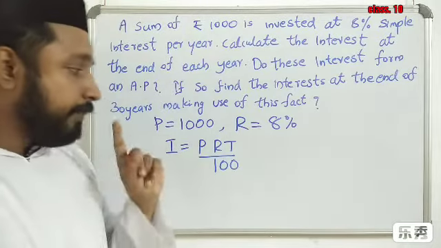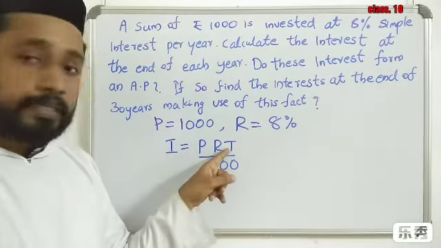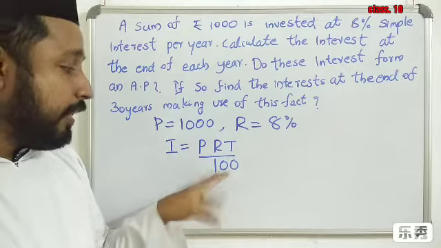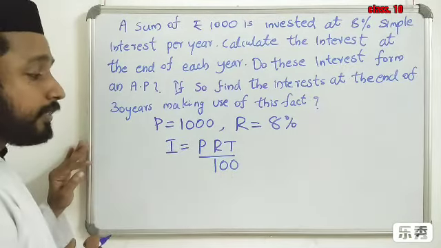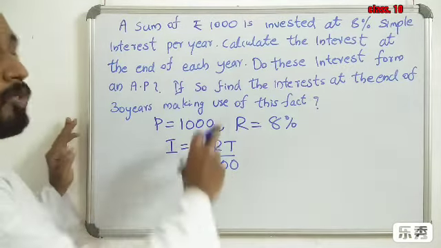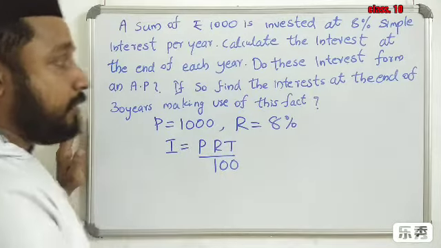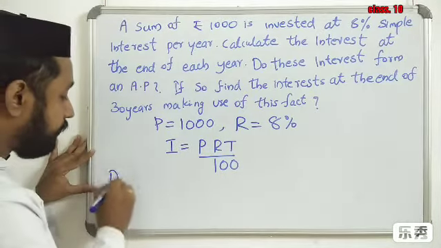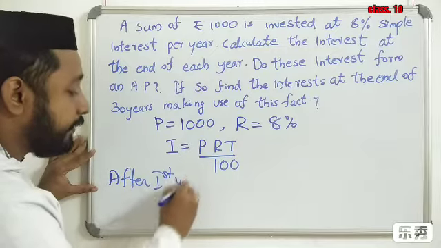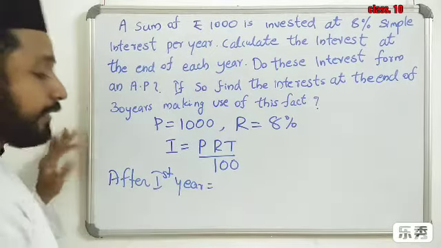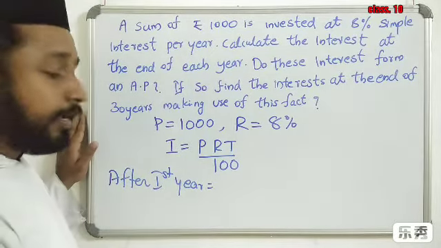P is the principal, R is the rate, T is the time in years, and divided by 100. So we are going to find the interest of each year. After the first year, what will be the interest? I is equal to PRT by 100.